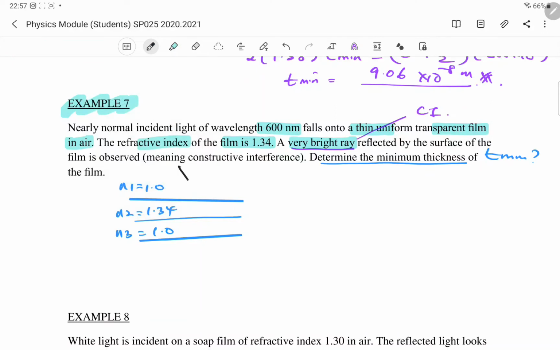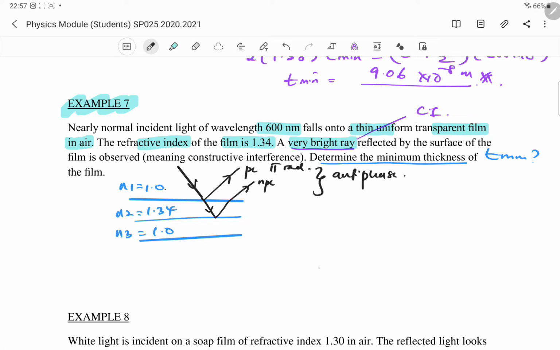So kita lukiskan dia punya incident ray, and then reflected ray less to denser, so phase change pi radian. Refracted ray, and then reflect denser to less dense, so no phase change. So ini akan jadi anti-phase coherent source, dan dia adalah very bright rays.